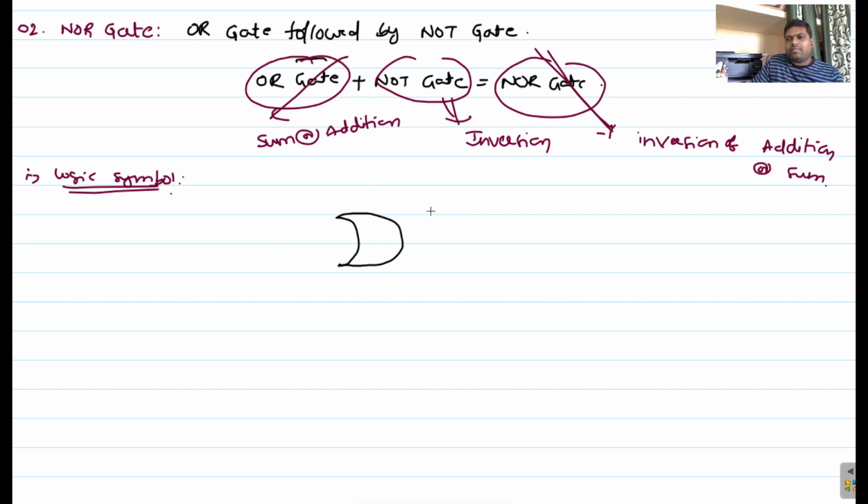So for the inversion of that addition, you can add one bubble in front of this gate. Then you will get NOR logic, otherwise the NOR gate. So here we have two inputs, A and B, and here we have Y, and up to this point we get A plus B. Because of this bubble, we will get (A plus B) bar. So this is the logic symbol of NOR logic.